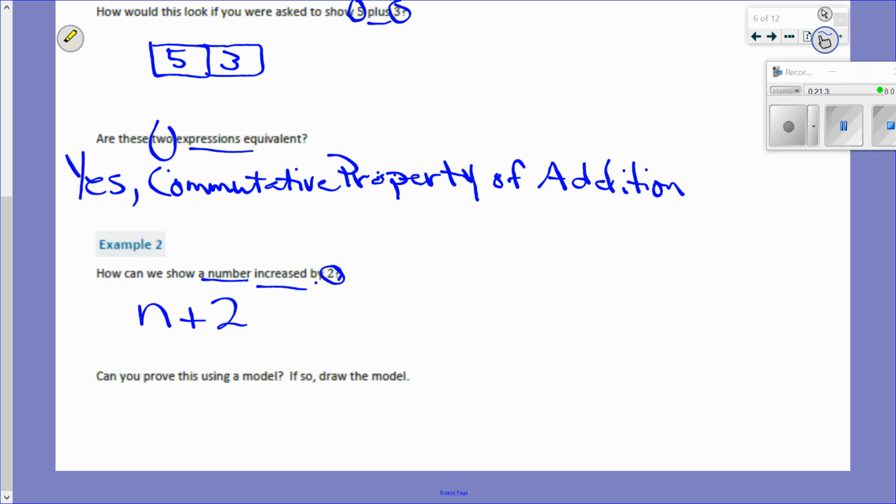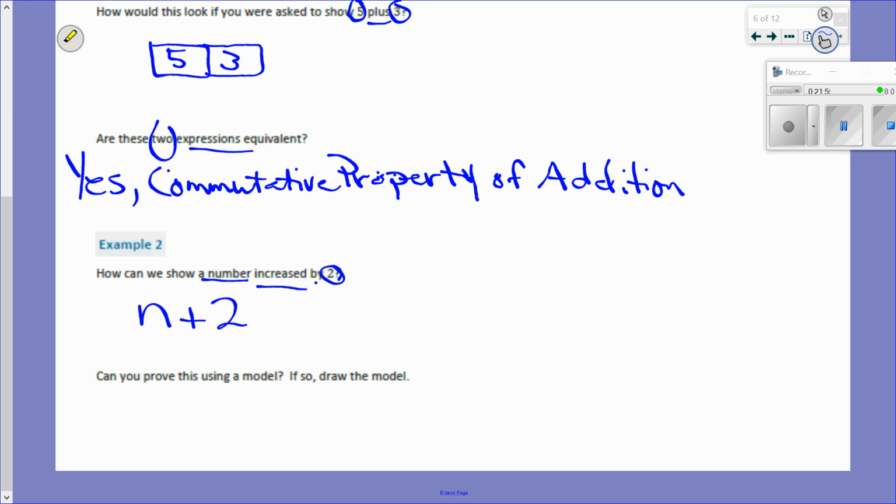Mary? No, that's when you're defining your variables. Do we know what n is? No. So if I'm building an equation, absolutely. But we're just doing expressions, so this doesn't actually stand for anything yet. We just know that there's some number there.